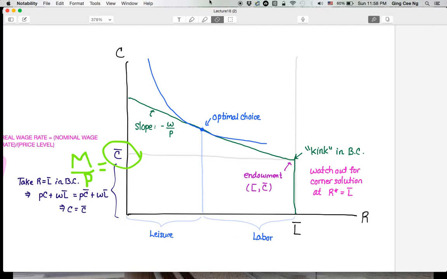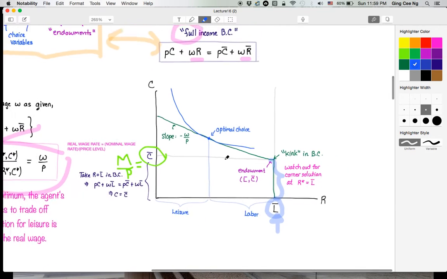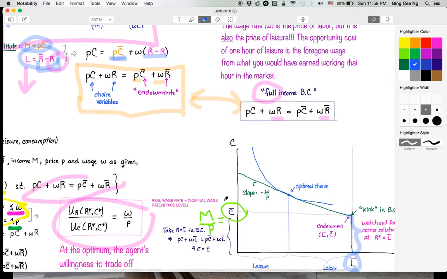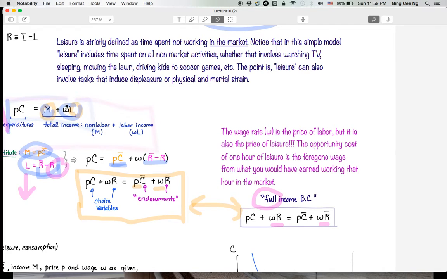Even if you didn't work at all, in which case you'd be consuming the maximum amount of leisure time, you can still consume, on the y-axis, this amount of consumption, C bar, because remember that your budget constraint had a labor and non-labor component.